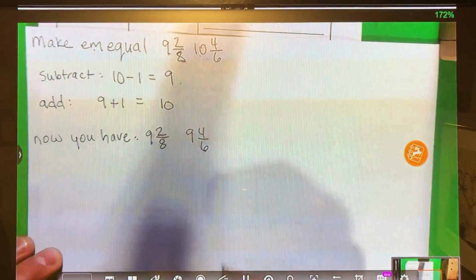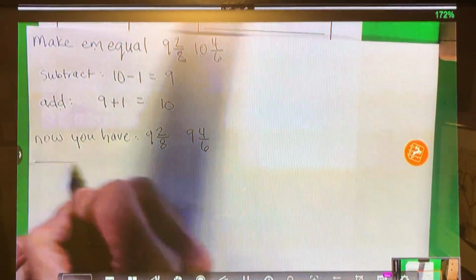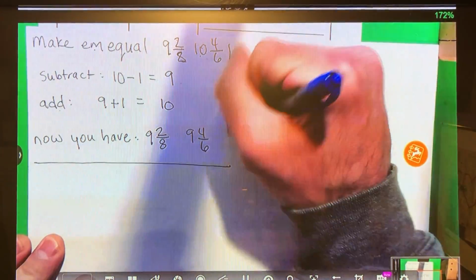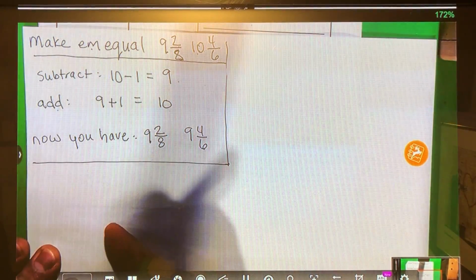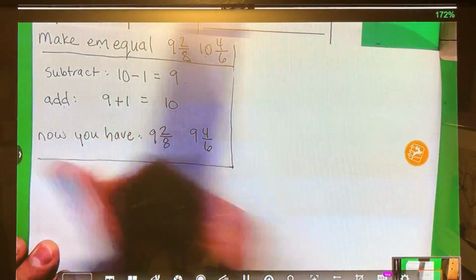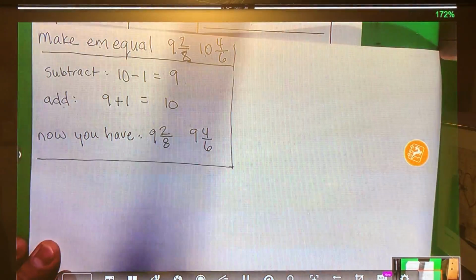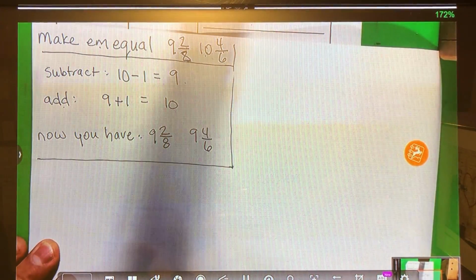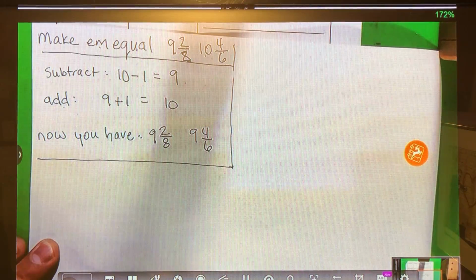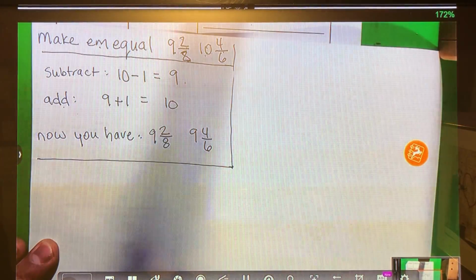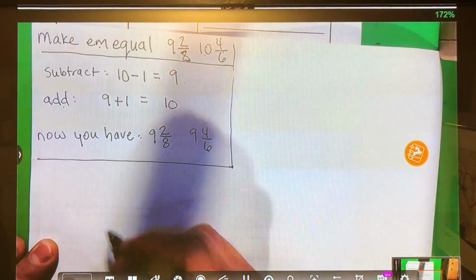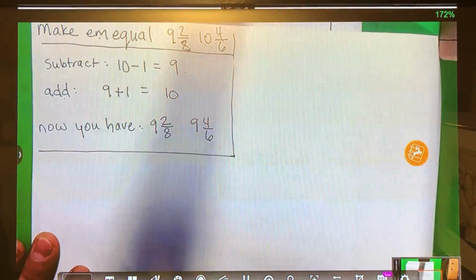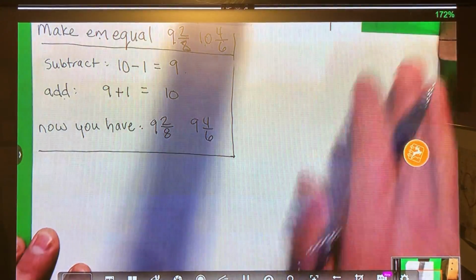Now we have to, once we've made our whole numbers the same, okay? Now we got to come down and make 2/8 and 4/6 the same, okay? Now, if we're gonna make 2/8 and 4/6 the same, right, we are gonna have to dive into a new topic that we will go over more.